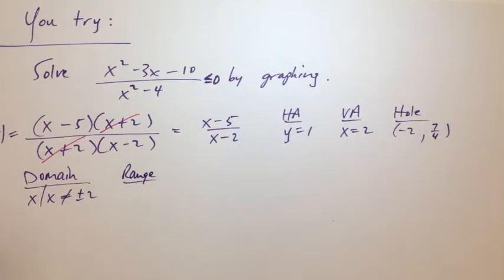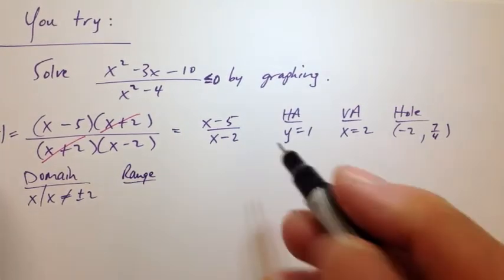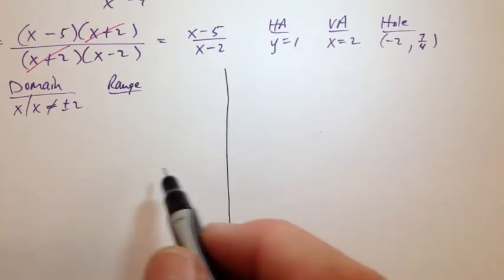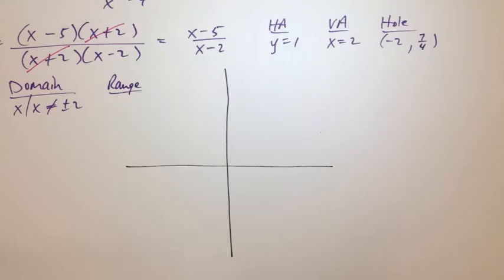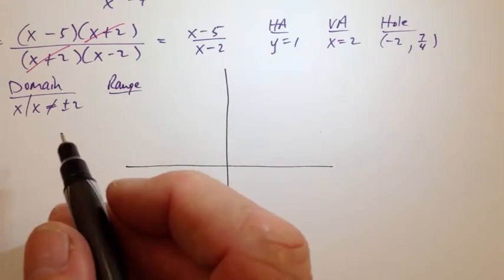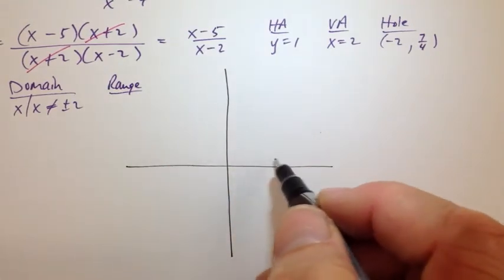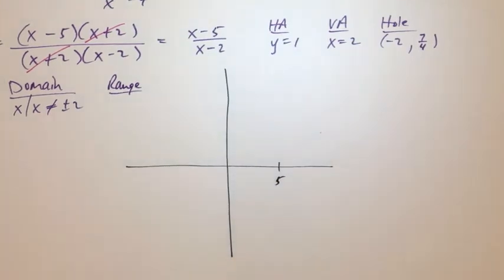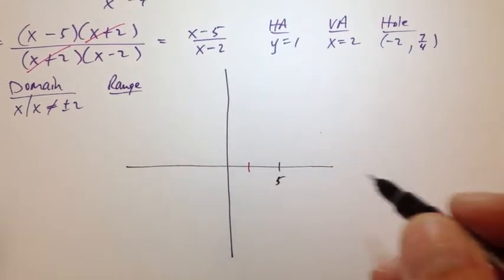Let's go ahead and graph. Y-axis first, then the x-axis. Where are the x-intercepts? At 5, so we have an x-intercept at 5. We have a vertical asymptote at x equals 2.